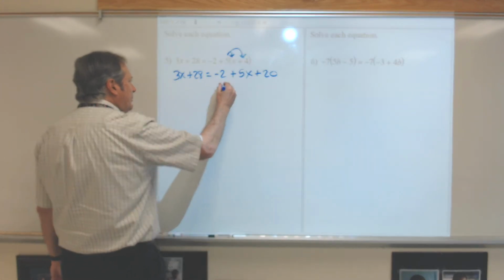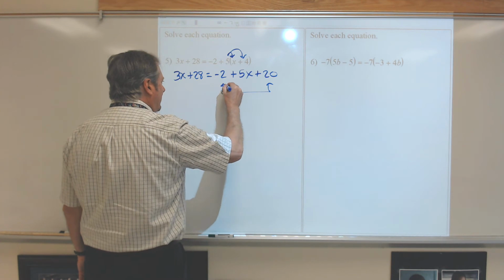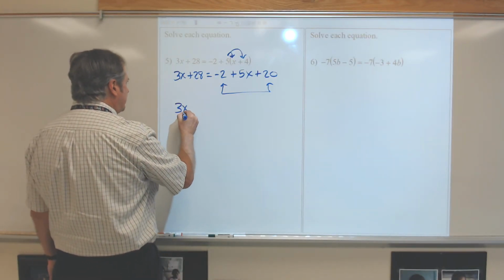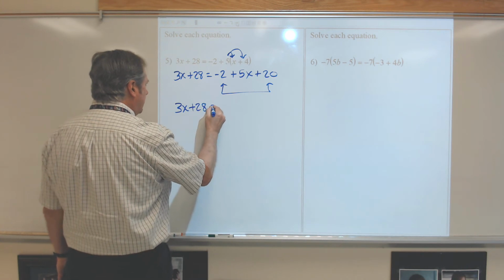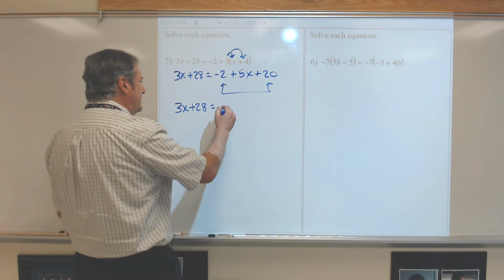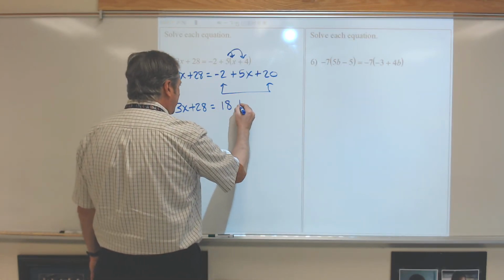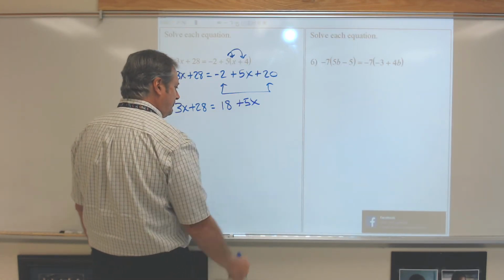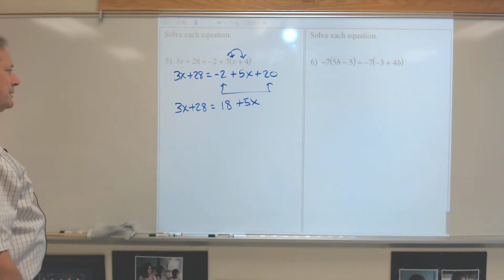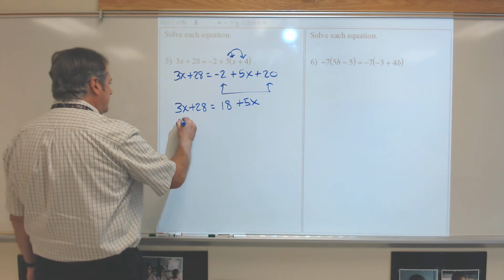Okay, always combine like terms on the same side of the equal sign. So on the left, we still have that 3x plus 28 equals negative 2 combined with a positive 20 is 18 plus that 5x. All right. Now what do? Well, I want to combine the variables.